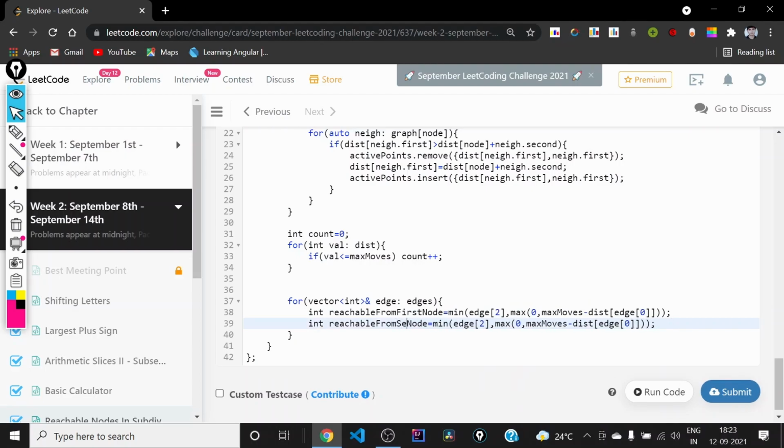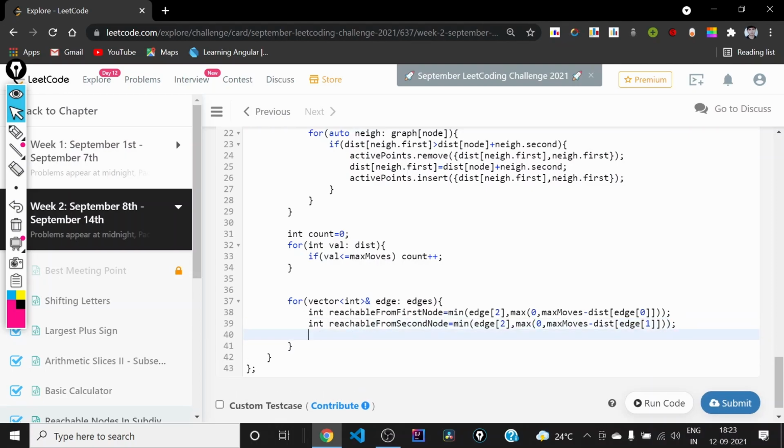We can similarly calculate the number of nodes reachable from the second node, and it will be similar code, just this S0 should be replaced by S1. And now we can increase the count by taking minimum of S2, basically the total number of points between these two nodes, and then we can sum these two quantities.